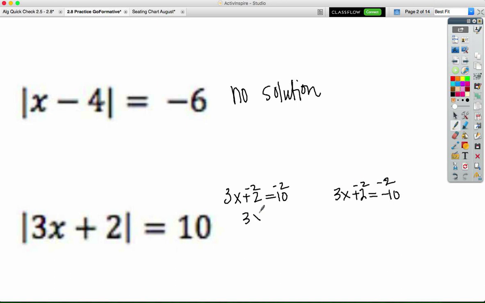Left with 3x equals 8 and 3x equals negative 12. So then I divide both sides by 3, and I'm given x equals 8 thirds and x equals negative 4. So I list them in order from least to greatest in braces. So I'd have negative 4, 8 thirds.